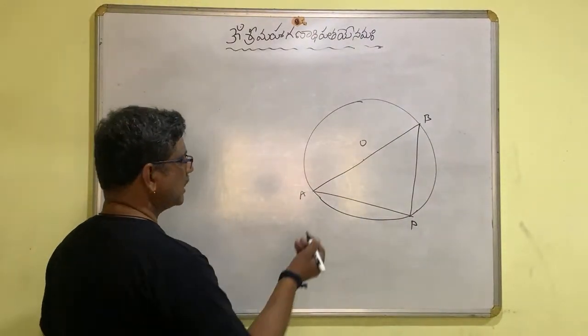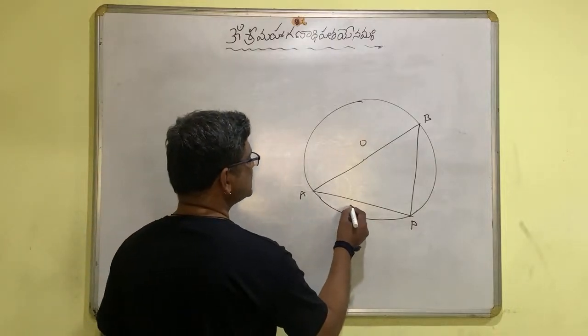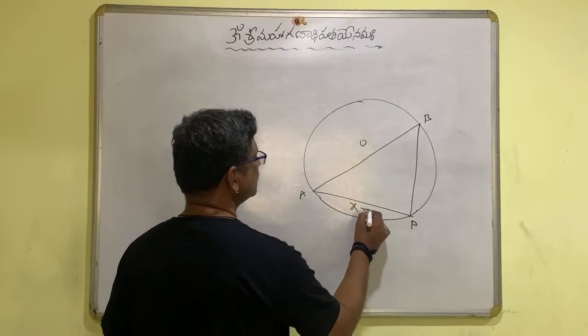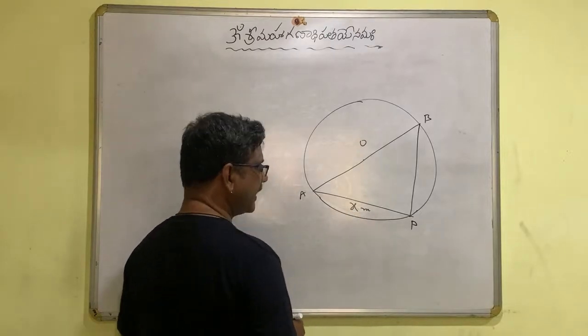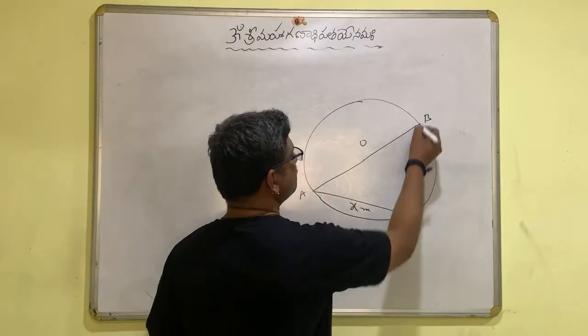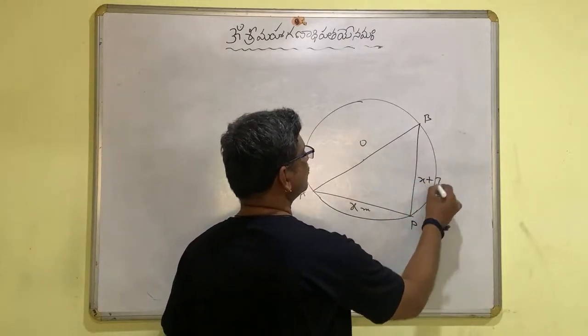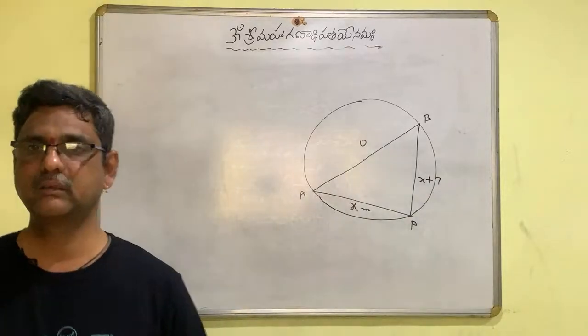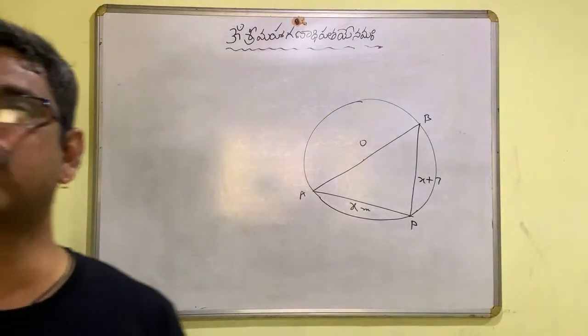Suppose the distance of the point P from A is x meters, then the distance of P from B is 7 more, x plus 7. That is what he is saying.